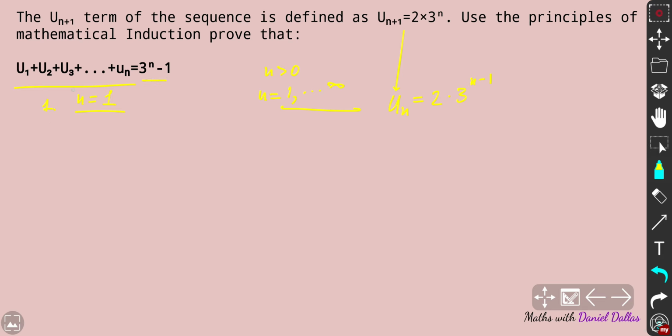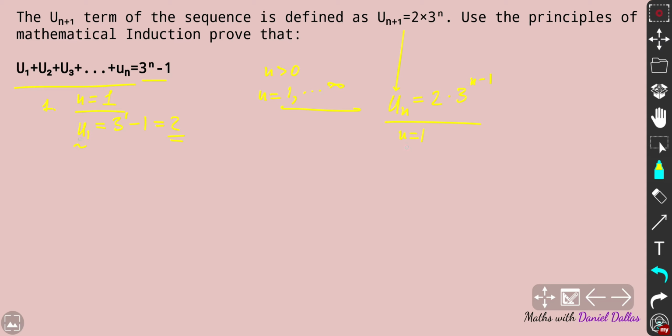And let's check this formula, whether it's correct or not. In this case, we stay with only the very first term, u1. And on the right side, if we plug n equals 1, we'll get 3 to the power 1 minus 1, which is 2. So the right-hand side of the equation equals 2. And now we need to use the general formula for the nth term when n equals 1.